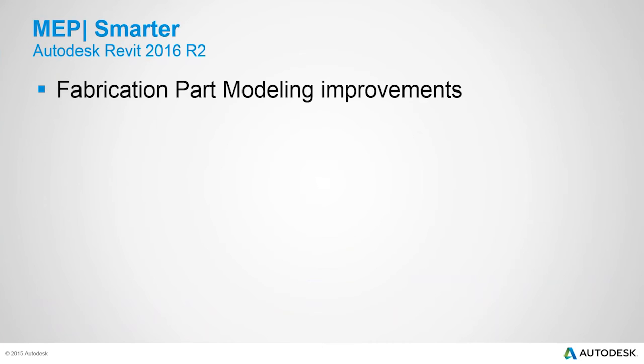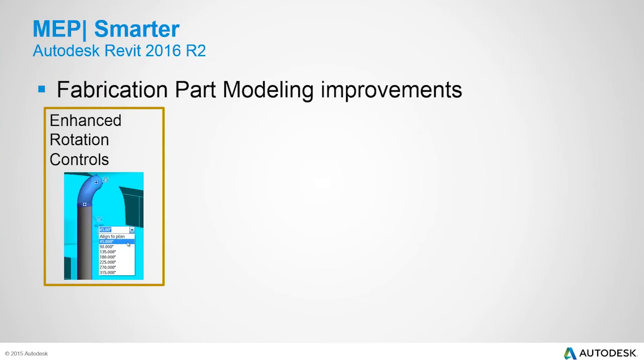Okay, let's take a look at some fabrication part modeling improvements. Revit 2016 R2 features enhancements to the fabrication part modeling for both duct and pipework. The features include some in-canvas rotation tools for fabrication parts.